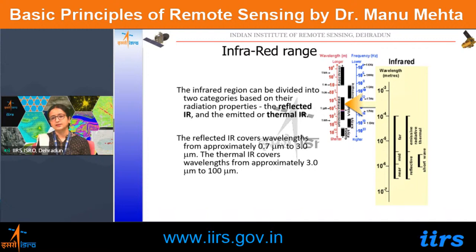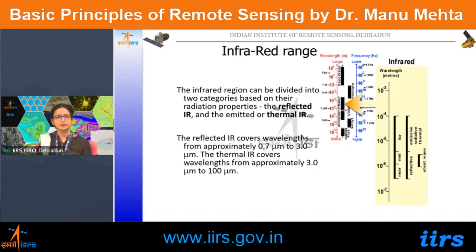So the technology we use here is very similar to what we use for the visible region. In fact, together the visible portion of light and the reflective IR, that is 0.4 to 3 micrometers, form what is known as optical remote sensing. So optical remote sensing is not limited to the visible range; it covers the visible range plus the reflective IR.